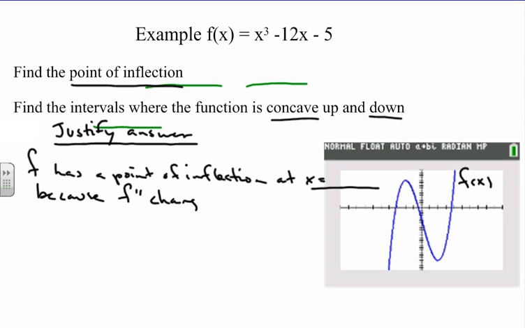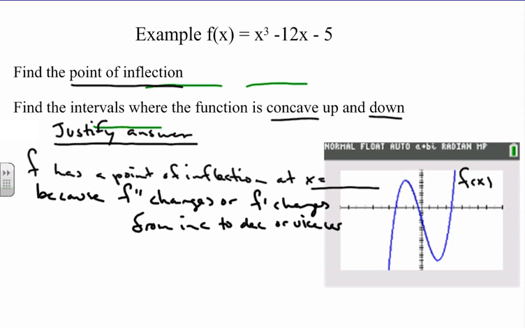That's what we're looking for, when f double prime changes signs, or when f prime changes from increasing to decreasing, or vice versa. So we're looking for either of those two things.